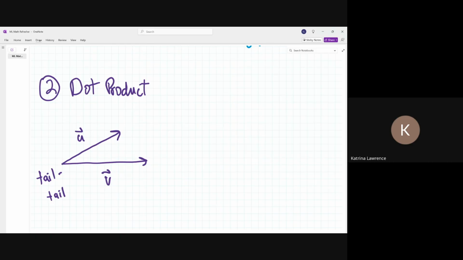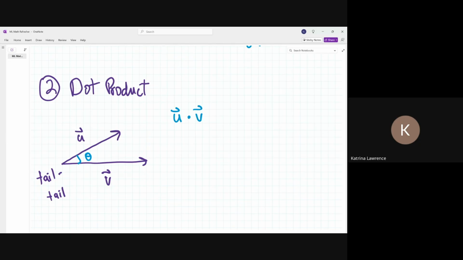We need it this way because we're interested in the angle, or theta, between these two vectors that are lined up. So again, when you use dot product, make sure that your vectors are lined up in this format. There are two different definitions that we can have for dot product. I'll start by showing you the first. In this case, we're looking for the dot product of u dot v.